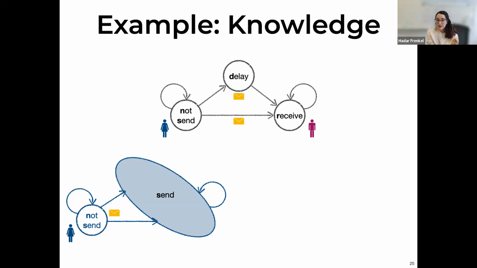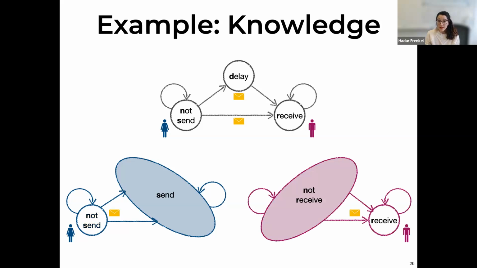So she can only tell whether the message was not sent or already sent. These are the observations of the blue agent. And similarly, the red agent cannot distinguish between a delay and not send. So he can only tell whether the message was not received yet or received.